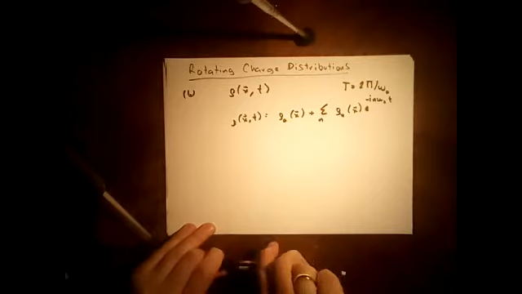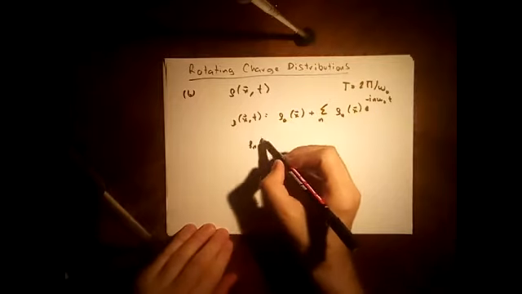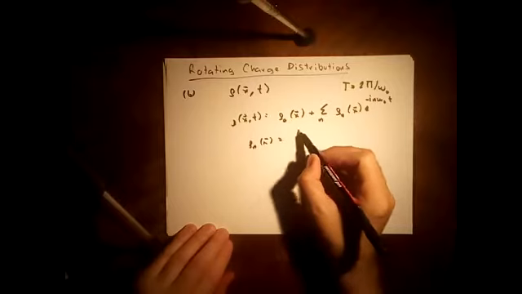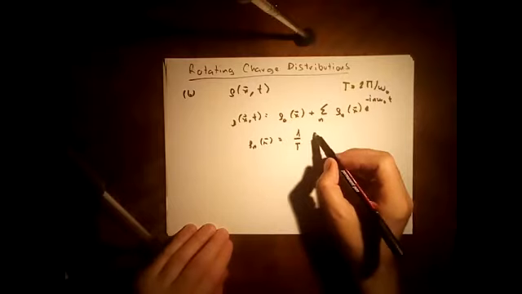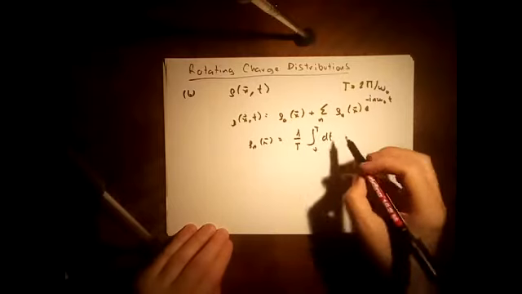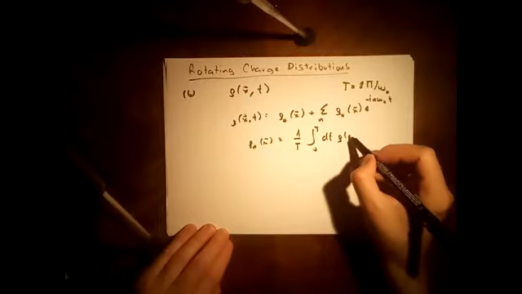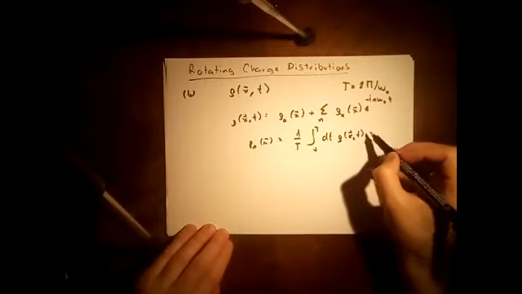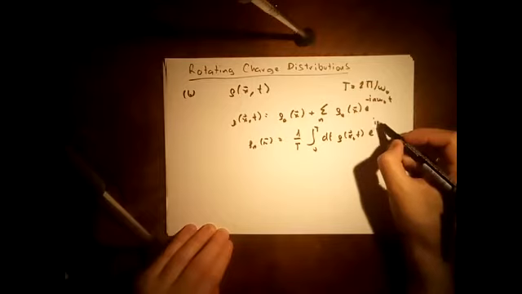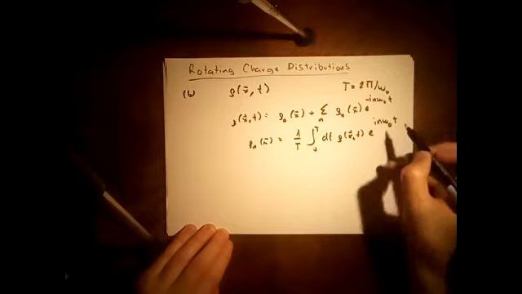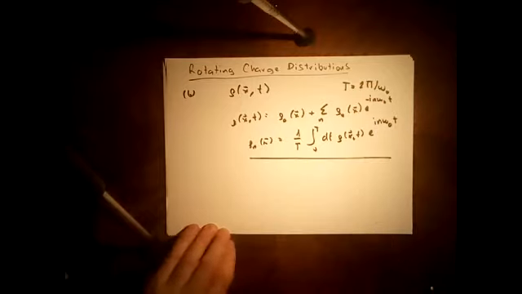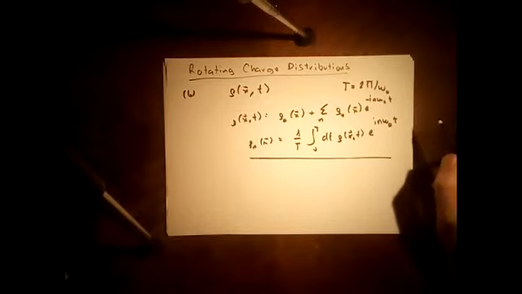And here, rho n of x is given by 1 over T, integral from 0 to T dt, rho x t e to the i n omega 0 t. So that's our Fourier component.